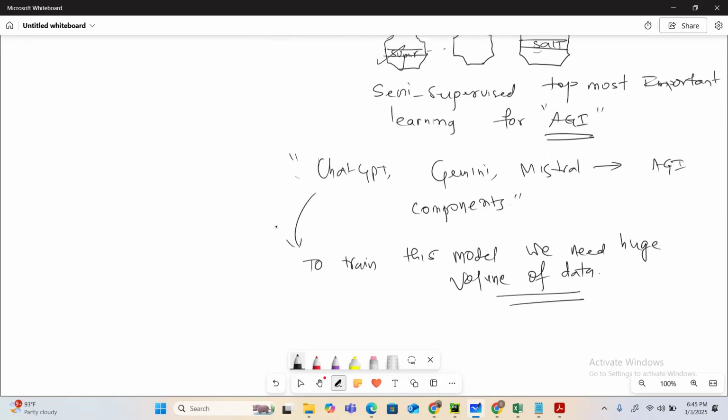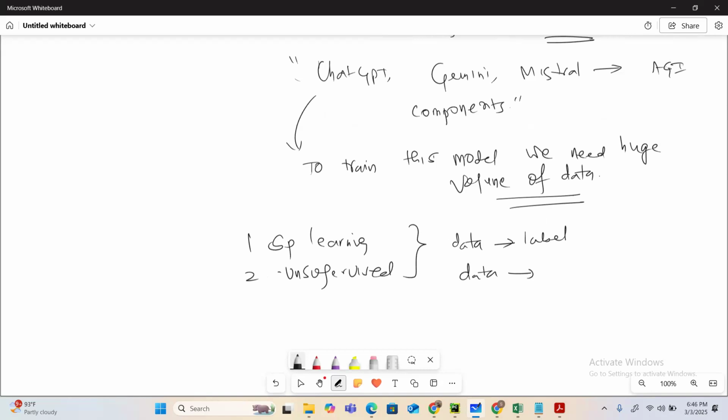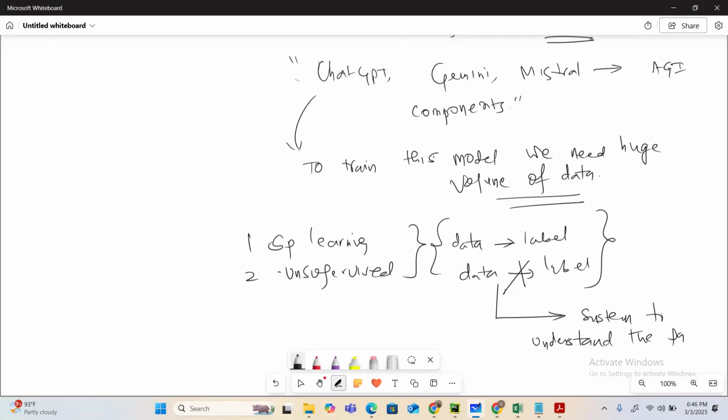But what we have is two learning approaches, supervised learning and unsupervised learning. In both cases, you need the data. Some will have labels, some data with no labels. It's a mix of both combinations. We are giving it to the system to understand the patterns.